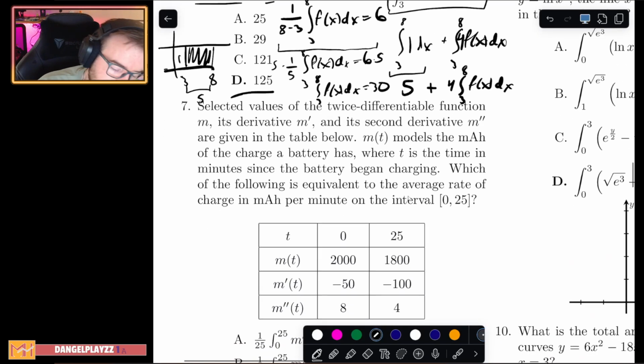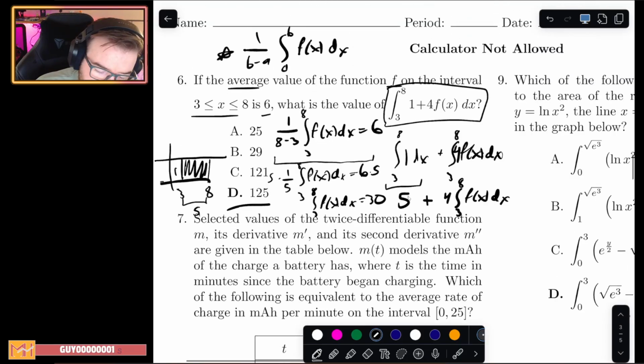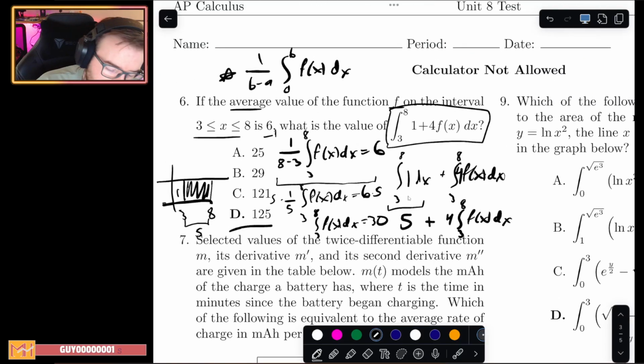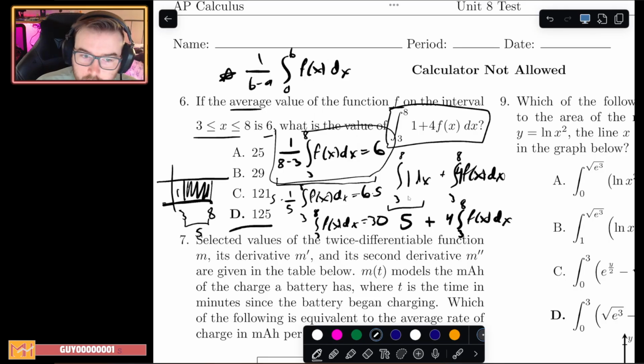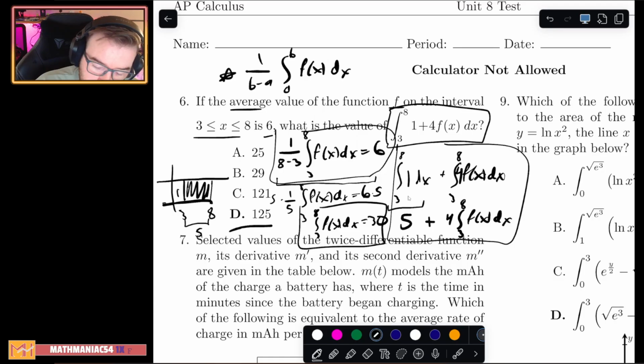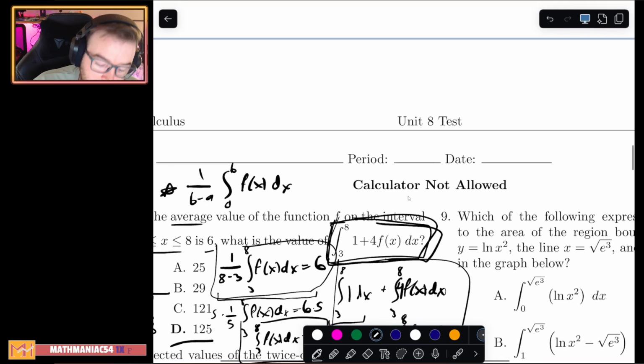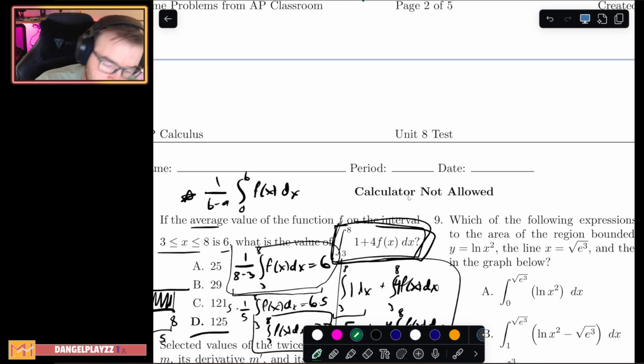All right. Selected values. The key to unlocking all of this is this. If you already knew this was 30, I would think this question was easy. Maybe I'm mistaken, right? If you're still not comfortable, just realize that there are two main properties of integrals.